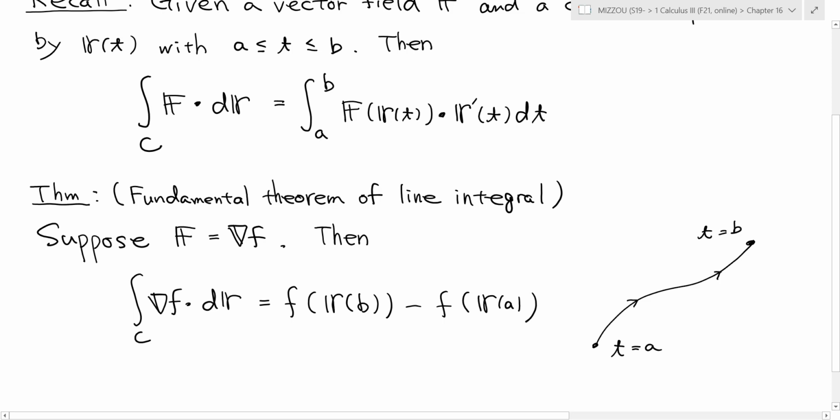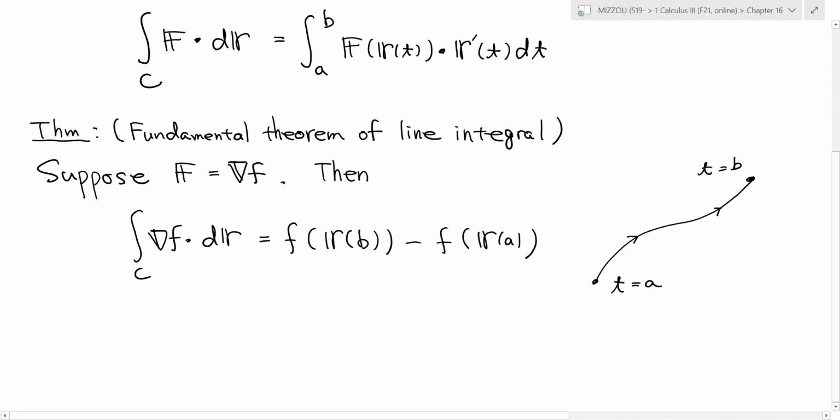If you line integrate over this curve, usually you have to use this formula, but as a special case, if your vector field is given as nabla f, meaning the gradient of f, then it's written in this simple form, and this is called the fundamental theorem of line integrals.